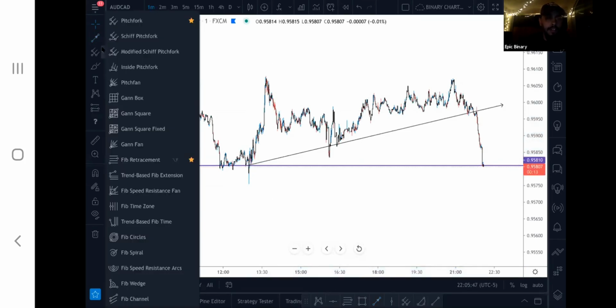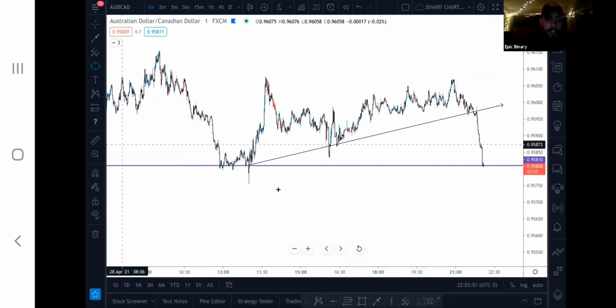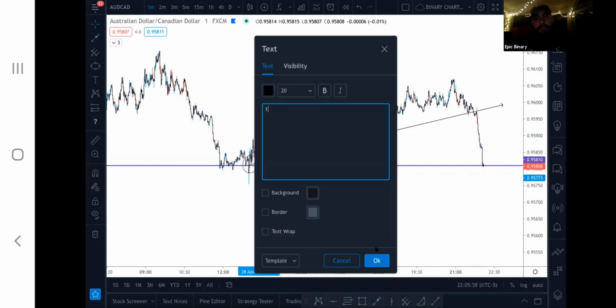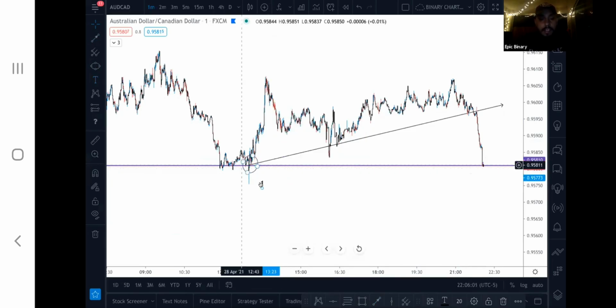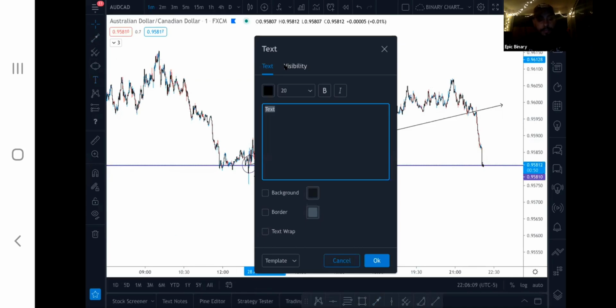I want y'all to tell me where you would start your trend line for current price.